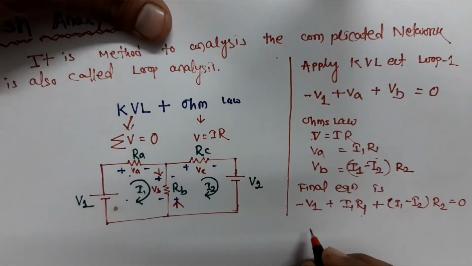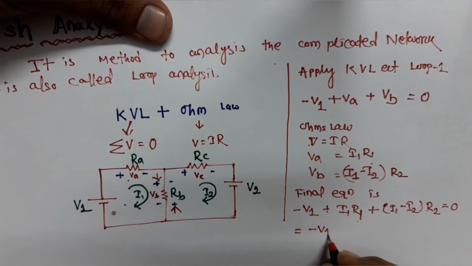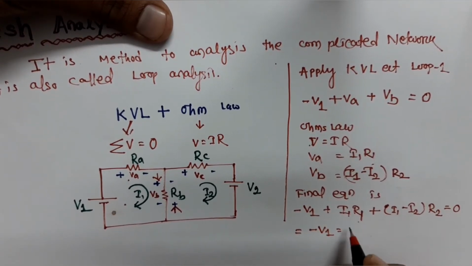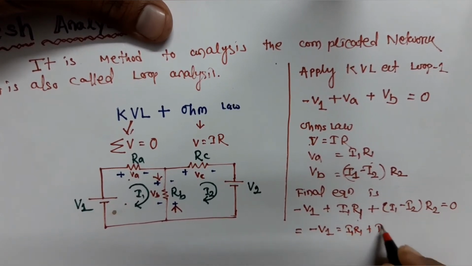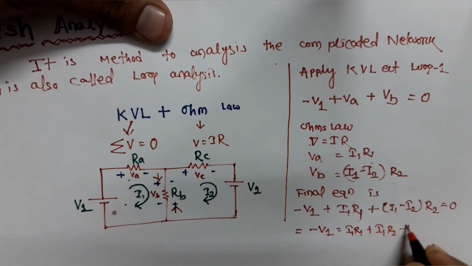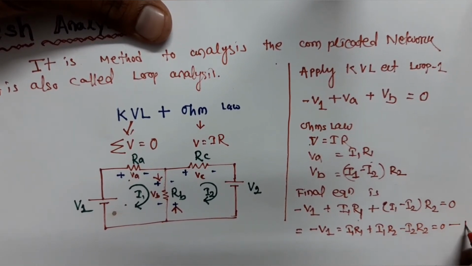When you simplify, the equation is minus V1 plus I1 R1 plus I1 R2 minus I2 R2 equal to 0. This is equation number 1.